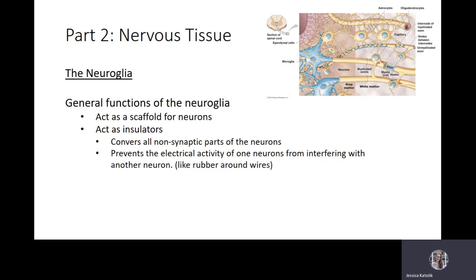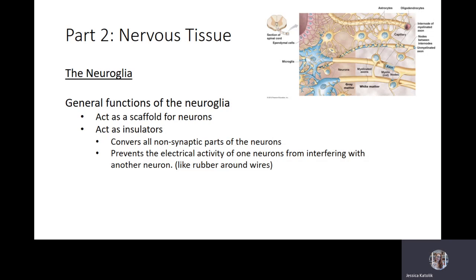And that lipid-based plasma membrane acts as a really good insulator. And so it's going to help control the electrical currents that are traveling through the neurons and make sure that they don't jump from one neuron to another. So it's going to make sure the electricity is going where it needs to go and not anywhere else, you know?